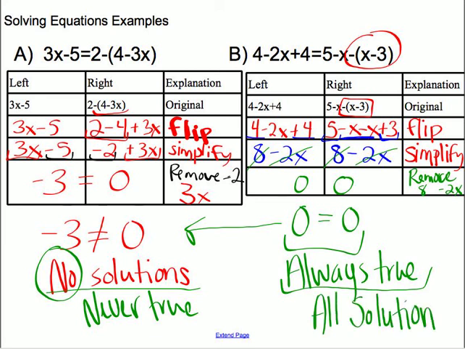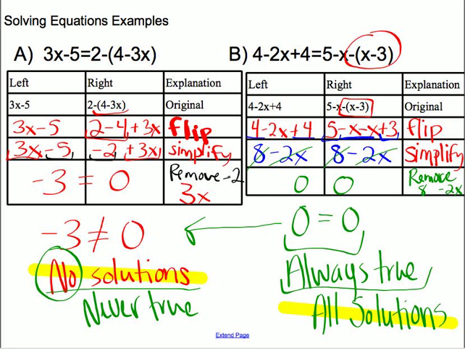That means every number in the world could be plugged in for x, and it would make this equation true. So we give the answers of all solutions when we get a case like this. On the left, we gave an answer of no solutions because it was never true. So those are the 2 unique situations you're going to be keeping an eye out for. Sometimes you'll get an exact answer, and sometimes you'll get these unique solutions.